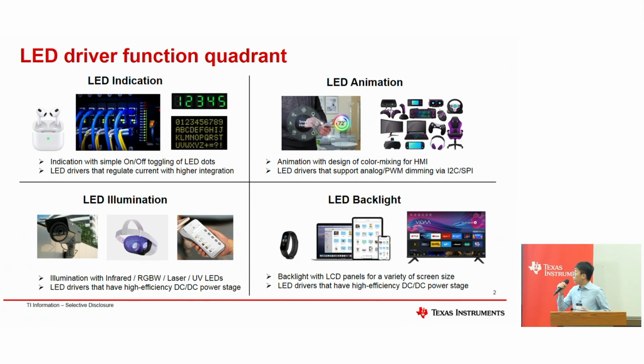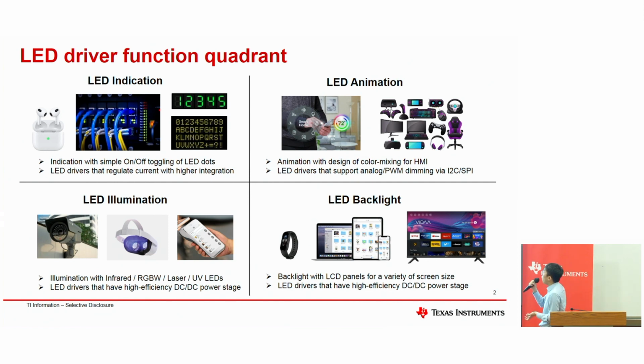The right one shows those panels, one for numbers and one for letters. You can see these panels everywhere, especially in home appliances like laundry machines. This is what we see of LED indications.